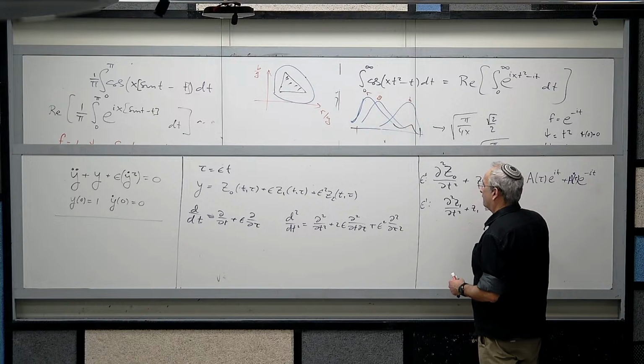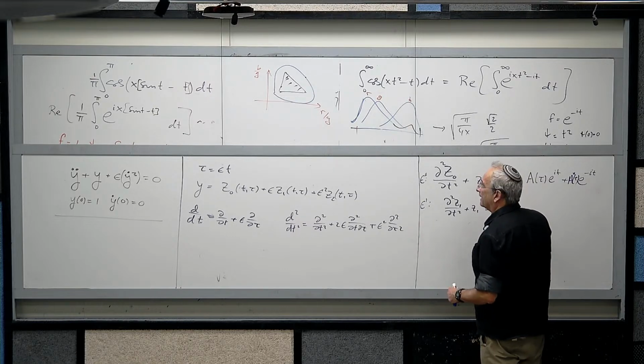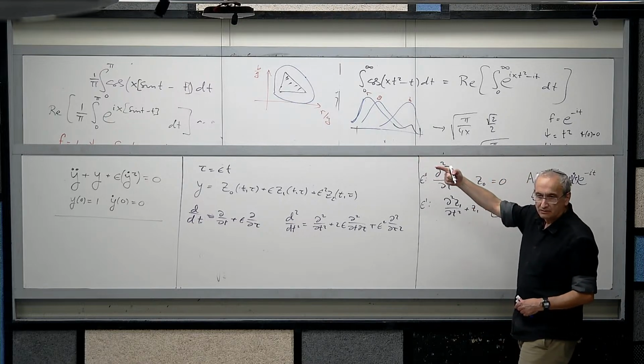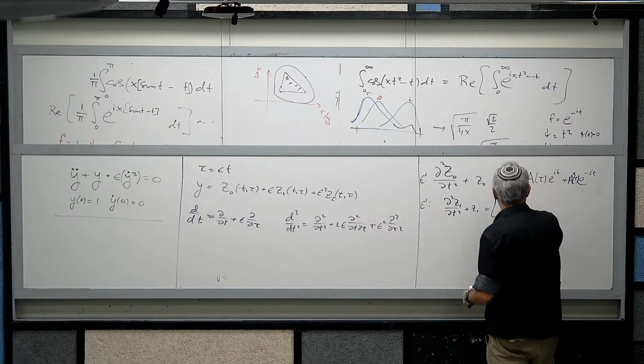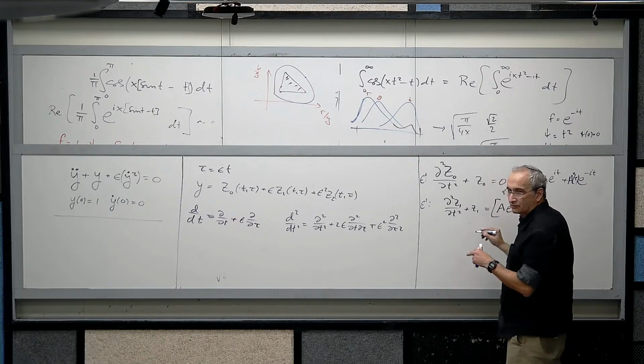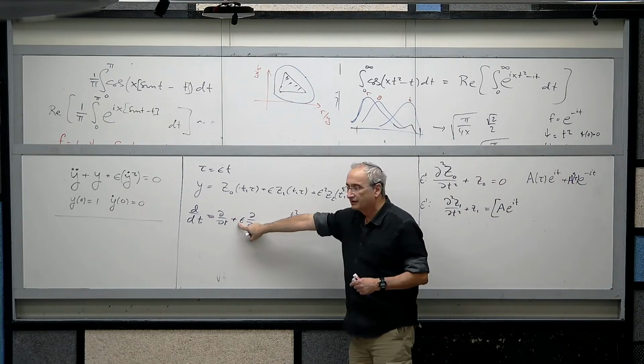And now we have, first of all, y0 dot cubed. So we're going to have a e to the it, but I have to take the derivative with respect to t, not with respect to tau, because the derivative with respect to tau gives me another epsilon.